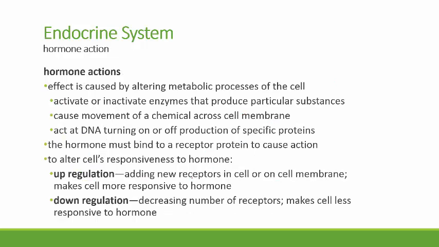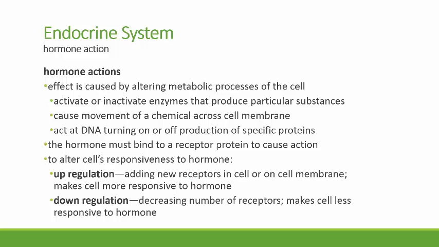Okay, so what happens then when a hormone is released? Well, it changes the metabolic processes of the cell. That's the effect that we talk about. It's some change in the metabolism of a cell.